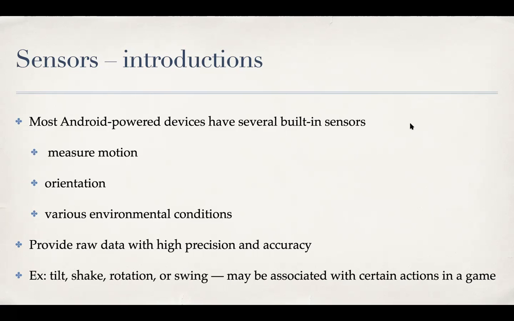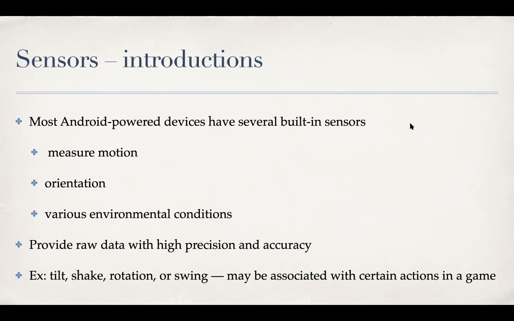So there are different categories and different types of sensors that we'll see. As the slide says here, sensors are useful to monitor device movement, positioning, etc. Ambient environment: some devices support temperature and humidity sensors as well.